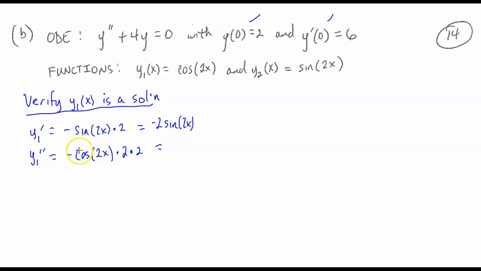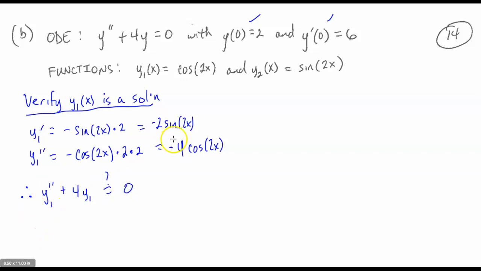Let's see, yep, I did that wrong. Because if I take, no, I did that right. So, because we started off with cosine. Yep, that's right. So this will be minus 4 cosine of 2x. Okay. So therefore, if I do y1 double prime plus 4 times y1, does that equal 0?